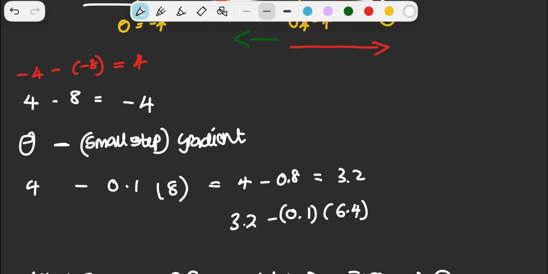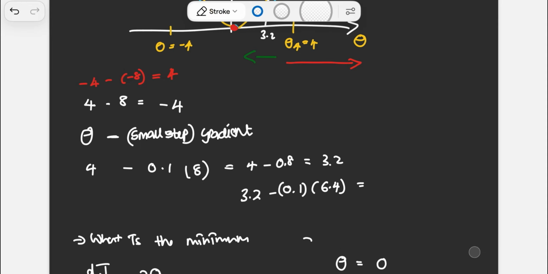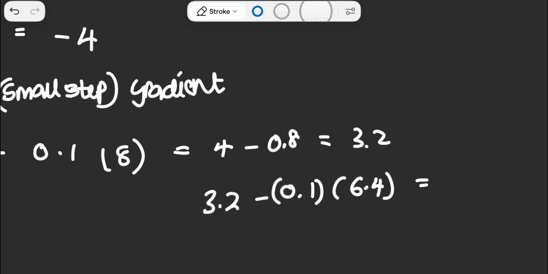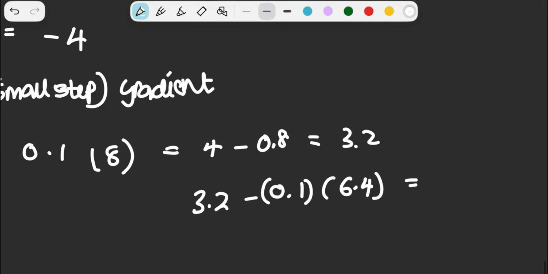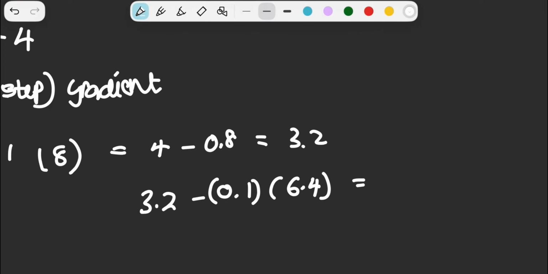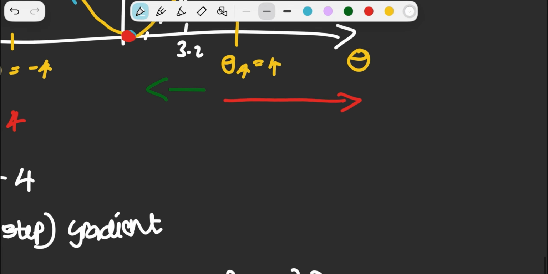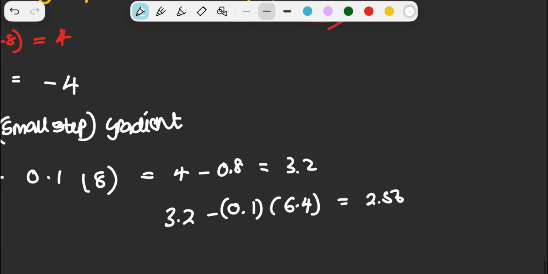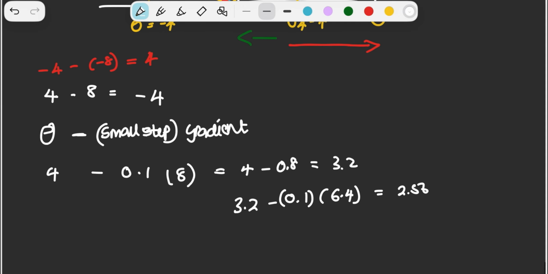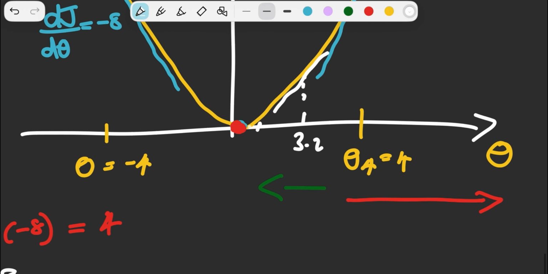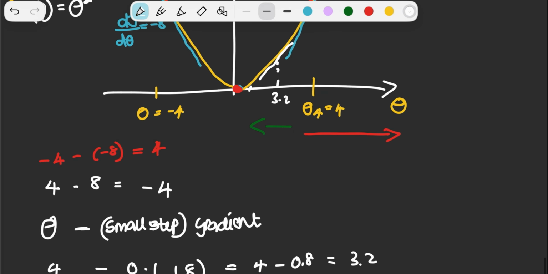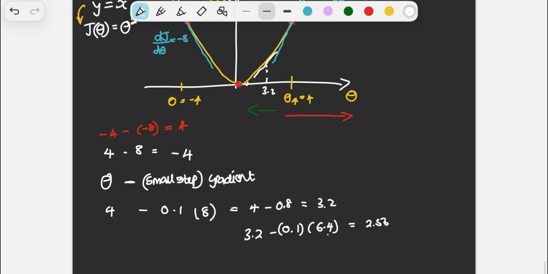So 3.2 minus 0.1 times 6.4 is essentially going to be equal to 2.56. We go to 2.56 over here, and you keep on doing that, and it's going to converge. At some point, it's going to reach this specific value over here, such that the gradient is going to be 0.